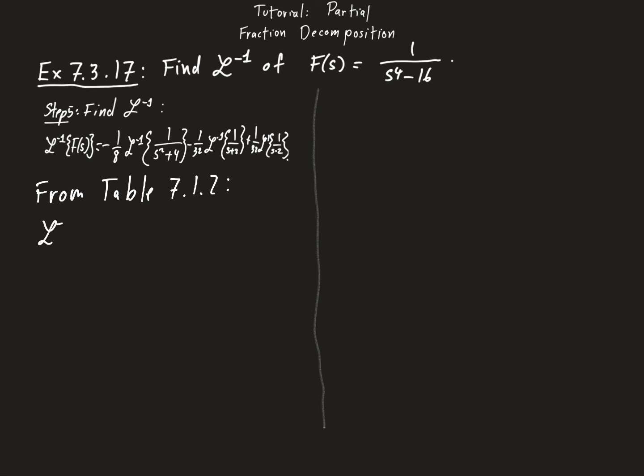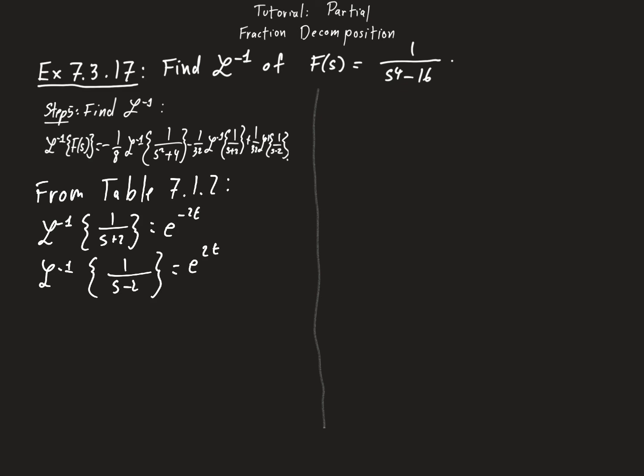We see that the inverse transform of 1 over s plus 2 is going to be e to the negative 2t. And we'll see that the inverse transform of 1 over s minus 2 is equal to e to the 2t.